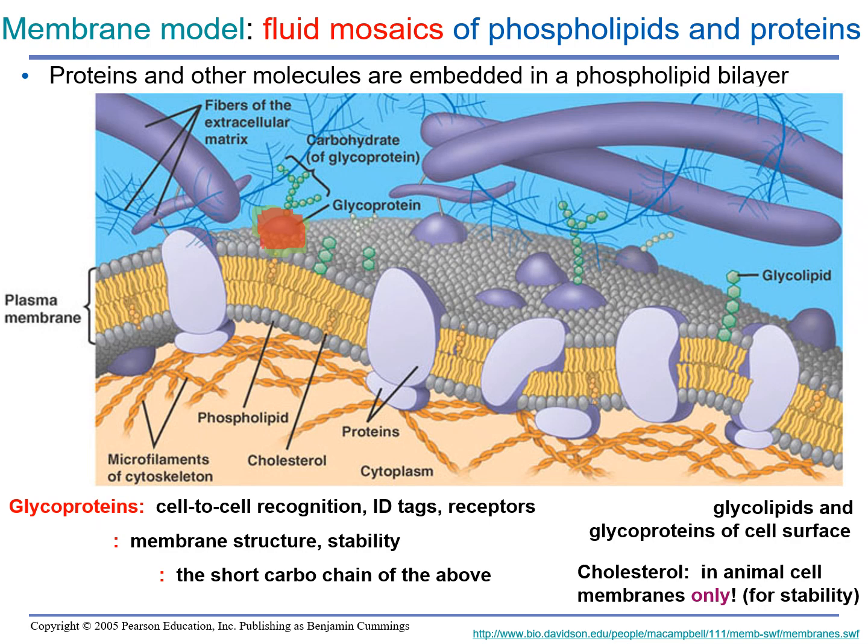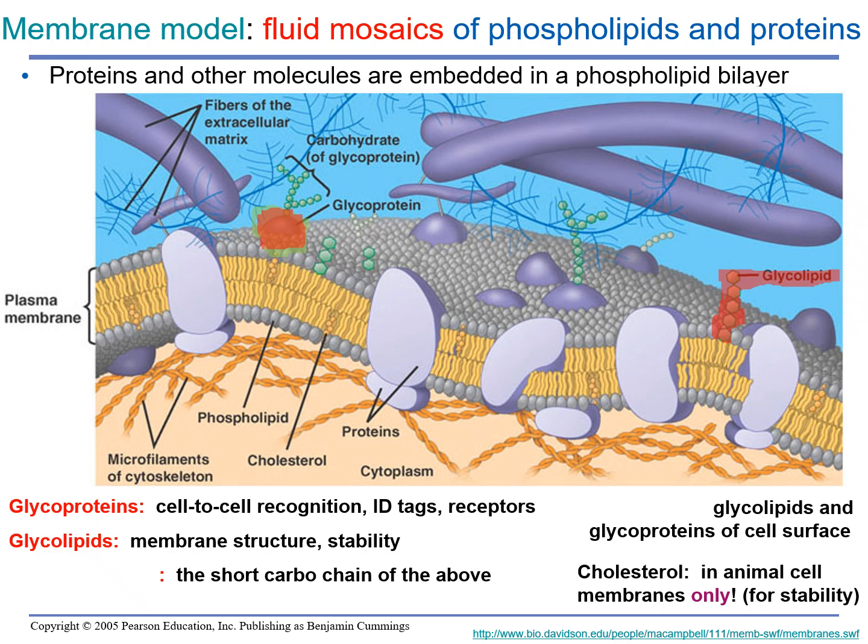And then we have glycolipids. Glycolipids help with membrane structure and stability. You can see one of the glycolipids here. It's like a little chain.